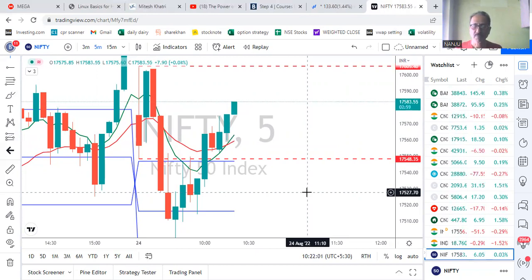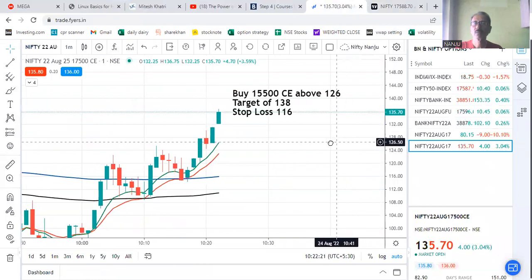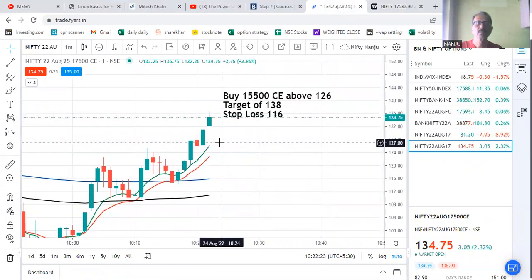My dear traders, please follow these simple instructions to be profitable in trade. Not only in options trade, any kind of trade. You can use the same strategy in this. How much is that now? 136, 136, 137. No, not yet. Yeah, it was 136.